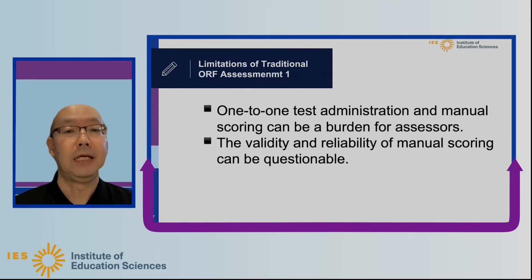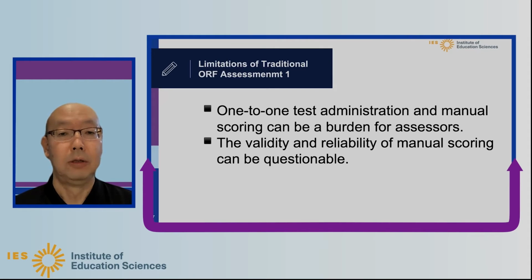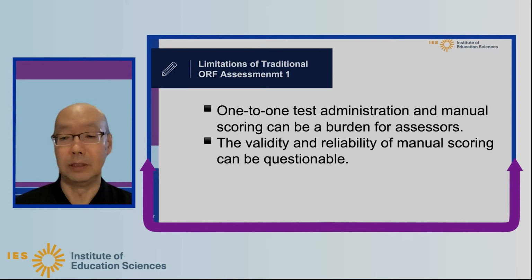There are some limitations of the traditional ORF assessment. First, one-to-one test administration and manual scoring are typical, which are a burden for assessors. As a result, the validity and reliability of the scoring can be questionable.